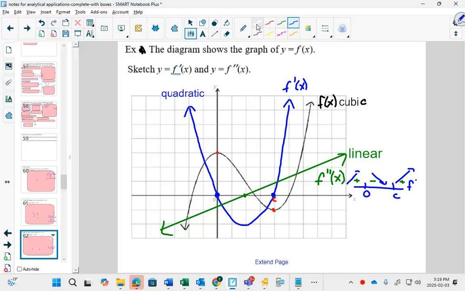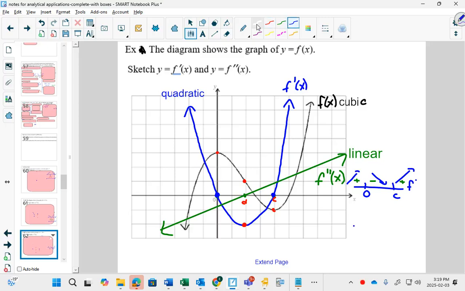Then I'm going to call this point D, because now we have a place where our first derivative is equal to 0. That is corresponding to an inflection point on our original graph.